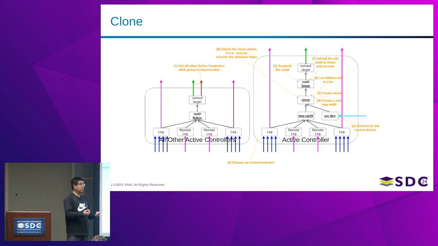For the source device, we can just create a snapshot on the source device and export that snapshot to the destination device. A virtual NVMe device may have multiple active controllers, but before the clone finishes, we should only choose a single active controller.